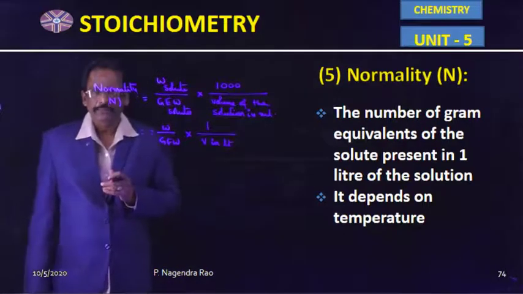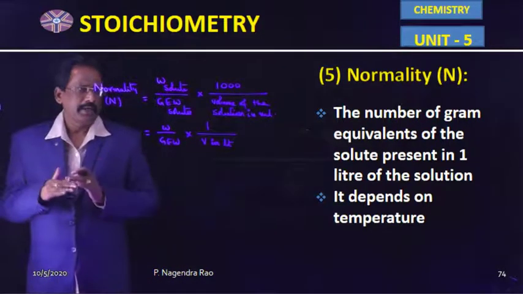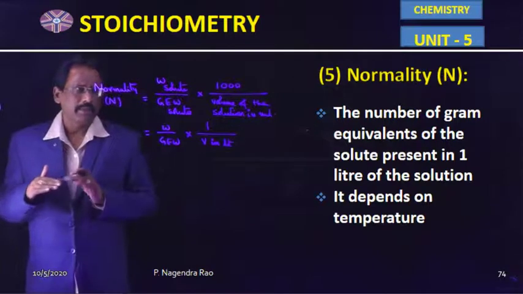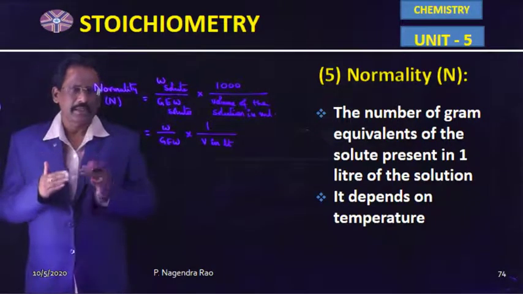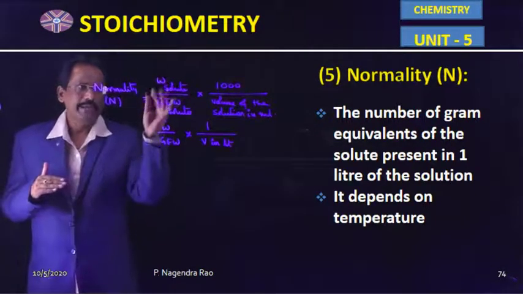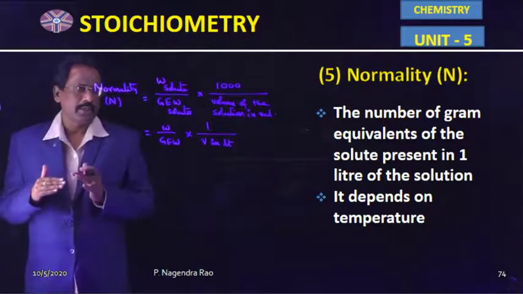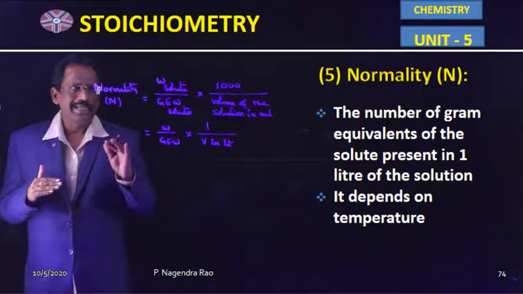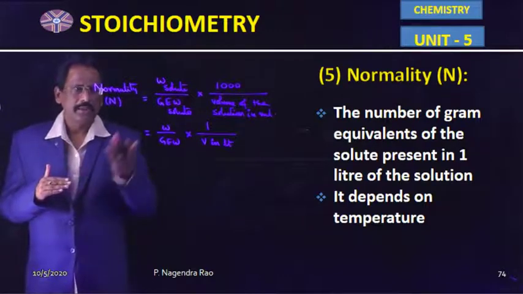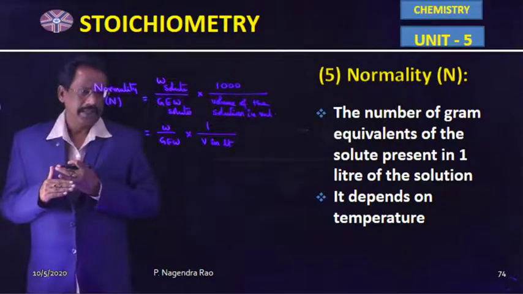Weight by gram equivalent weight gives the number of gram equivalents. So this is known as normality.